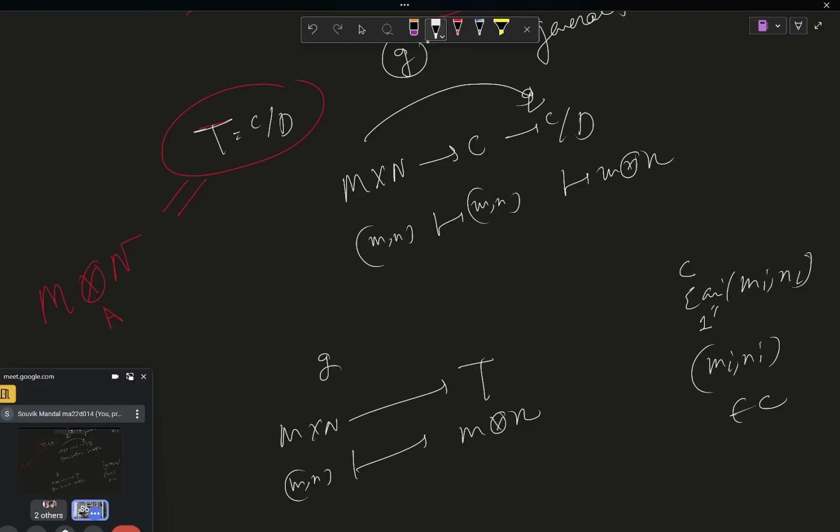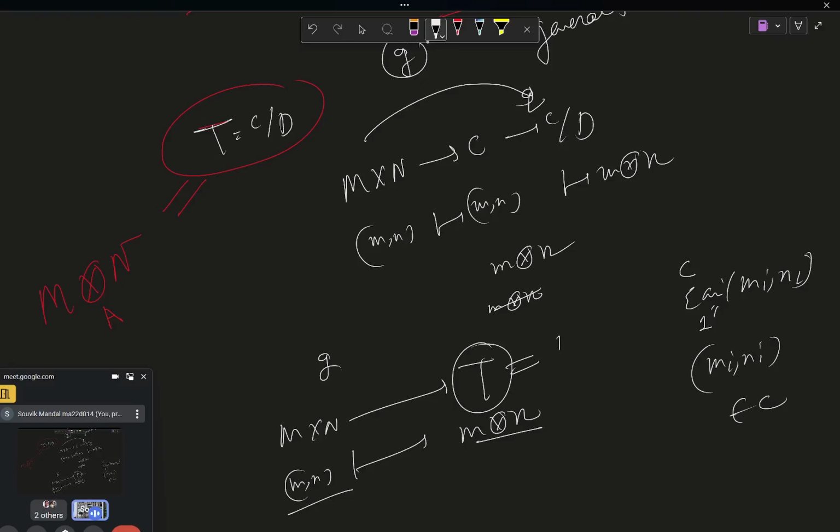So till now, what we get is some capital T, which is generated by the elements of the form small m tensor small n, and we have some map g from capital M cross capital N to T, sending (m, n) to small m tensor small n.